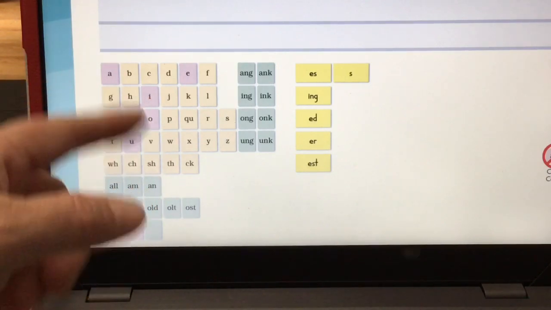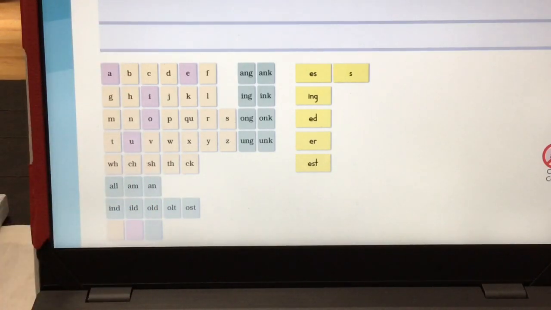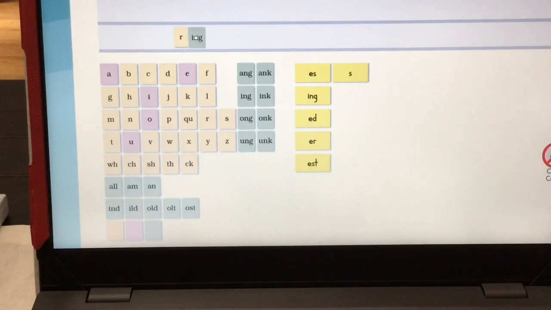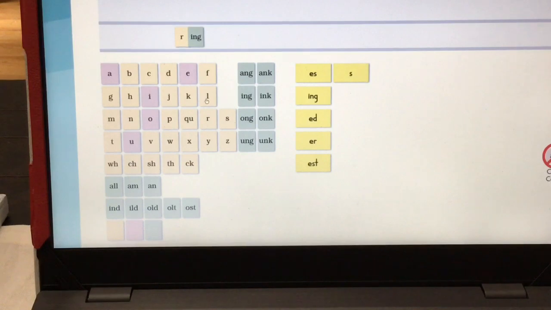So I'm only going to be bringing up 2 of my cards. R, rat, ing. Your ing. Ring. Okay. We wrote the word ring.